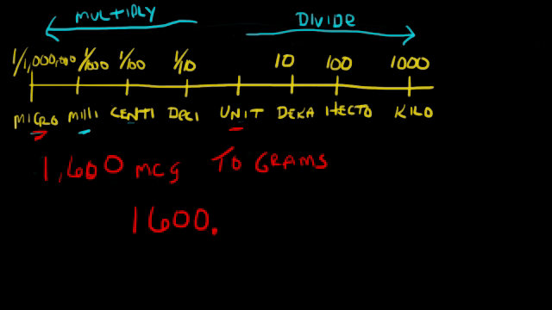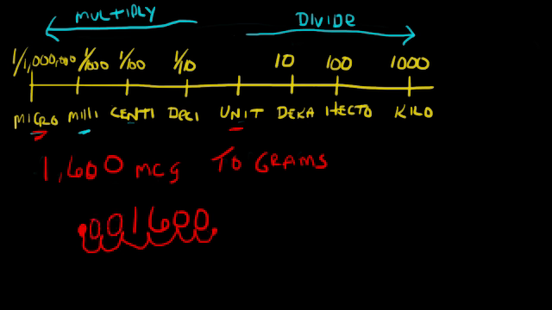Okay, so if we were doing the problem the long way, we would be dividing, because we're going from micrograms to units. So we're going to move this 6 places to the left, and so we have 1, 2, 3, 4, 5, 6. So our decimal point would go right there.